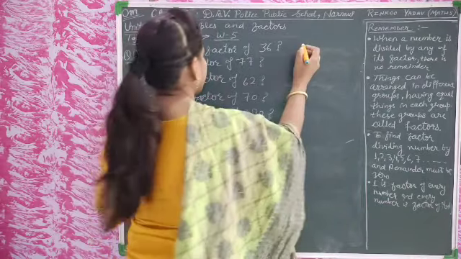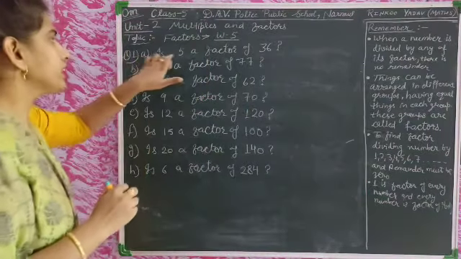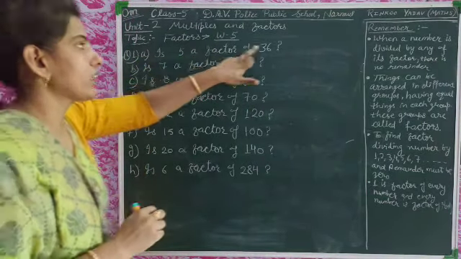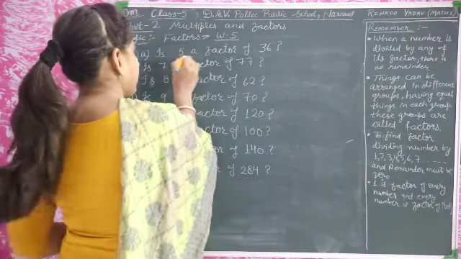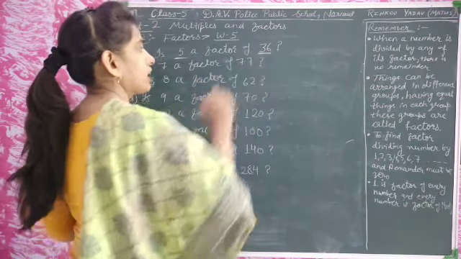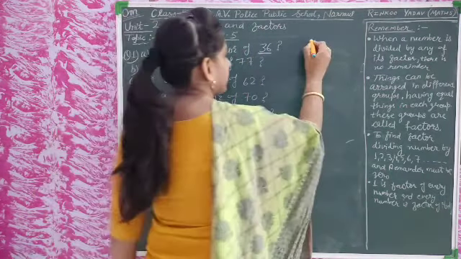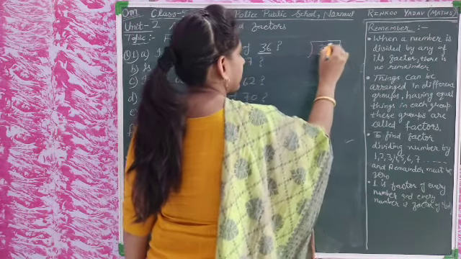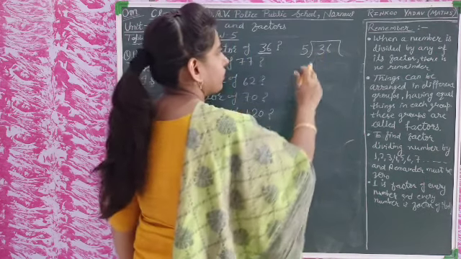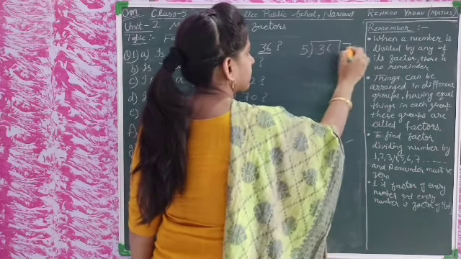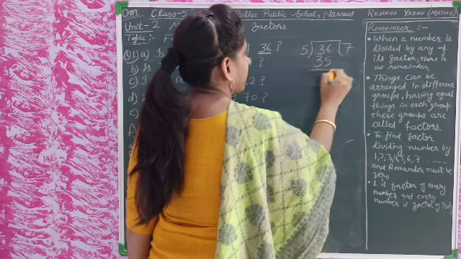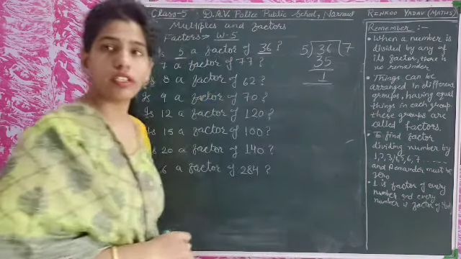Now we will check here. It is given: is 5 a factor of 36? Is this possible? Let's check there. Dividing 36 by 5, 5 sevens are 35 and there is the remainder 1 here.